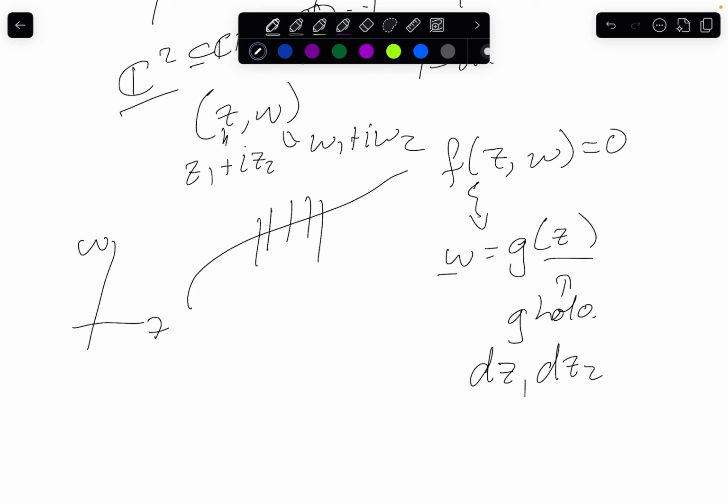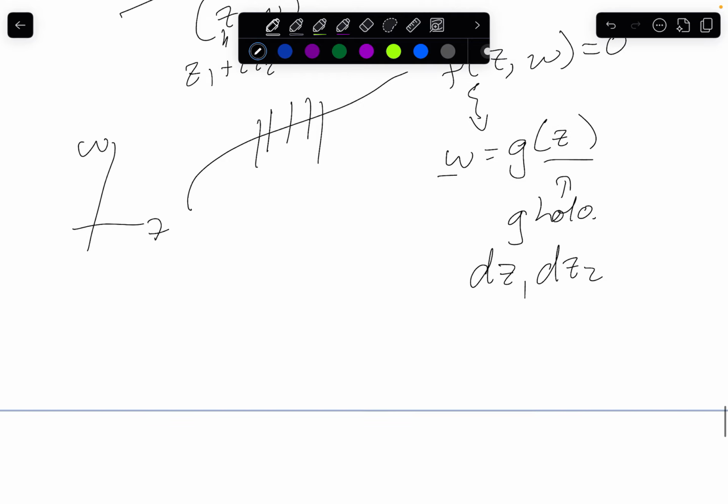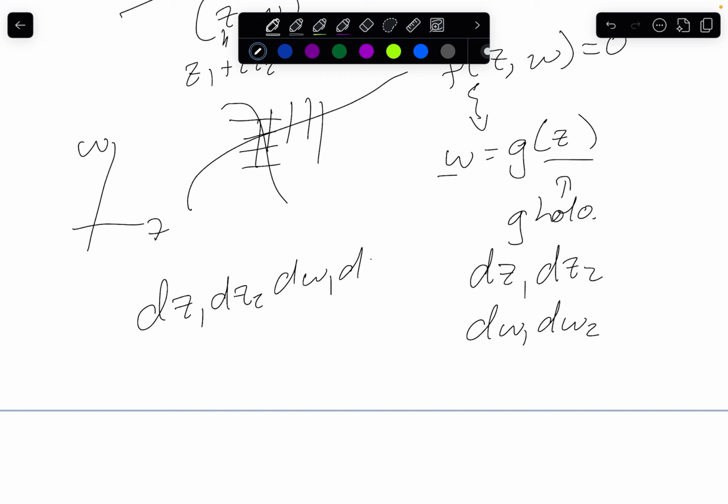And the fact that you have a complex structure means that you have a prescribed orientation where you say, take the real part before the imaginary part. Similarly, for your other guy, you can write a form in terms of dw1, dw2. If you take the product of them, and always go with the convention dz1, dz2, dw1, dw2, then it doesn't matter in what order you multiply them.